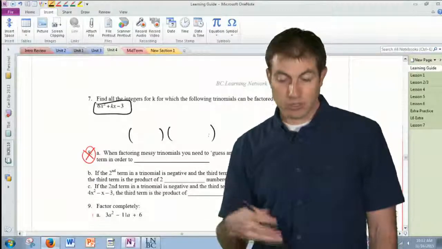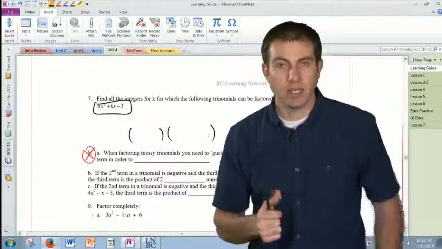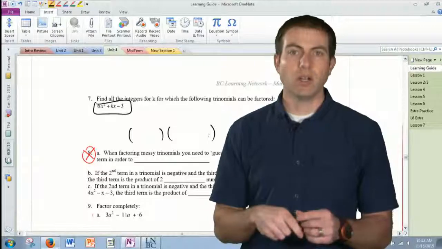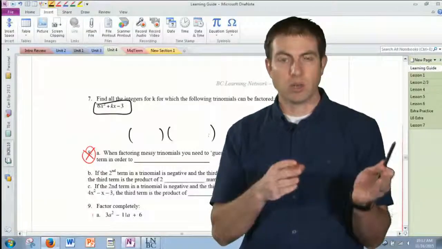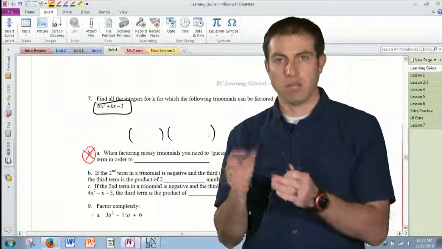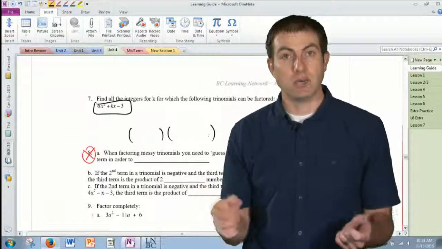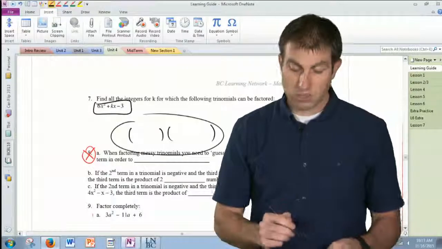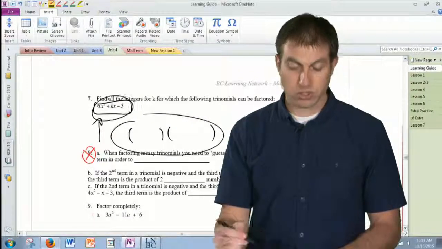One really interesting thing about multiple choice tests like the Math 10 Provincial is that all the answers are there. In a lot of questions, you can work backwards. Because factoring and expanding are opposites of one another, if we have a factoring question and we give you the answers, like two brackets, you can just multiply those out and see which one leads you to the question you started with.